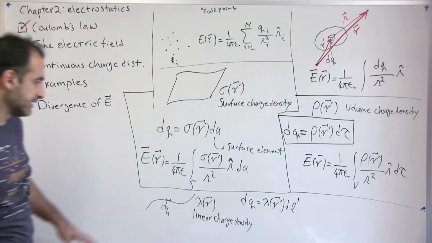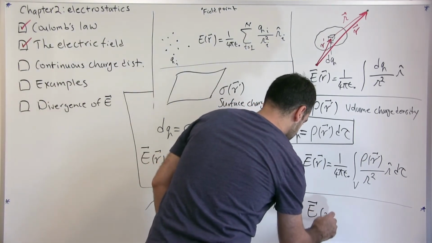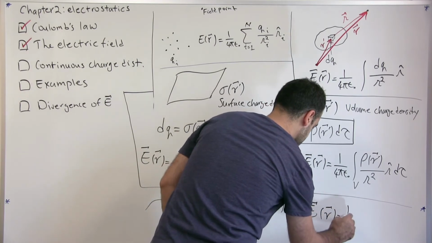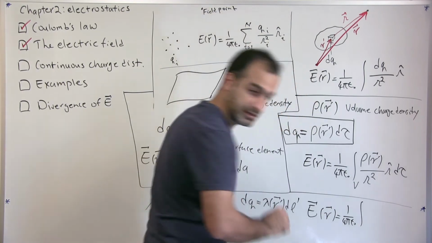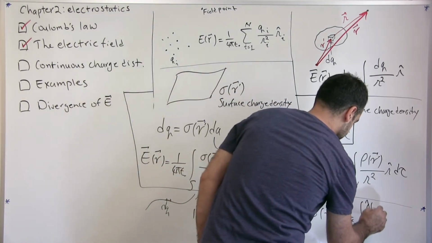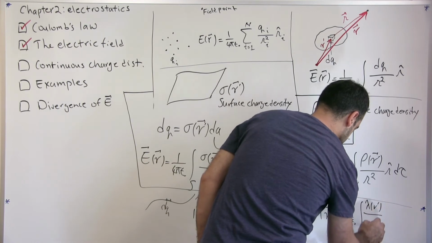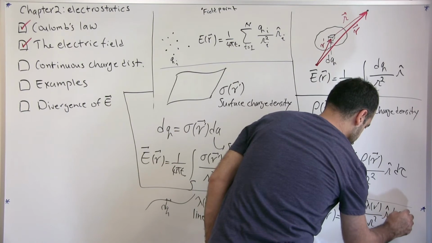And the integral for the electric field is 1 over 4 pi epsilon 0 times the integral of lambda r prime over the separation vector squared, unit vector, dl prime.